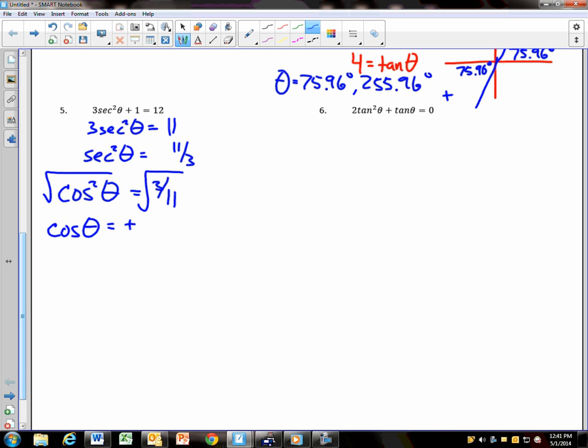Cosine theta is equal to positive or negative root of 3 over 11. Now some of you might be like, oh, you've got a square root in the denominator there. Yes, but that's not our final answer, so we could just leave it like that and make use of it however we will. But do you see how many solutions we're going to have this time? 4.